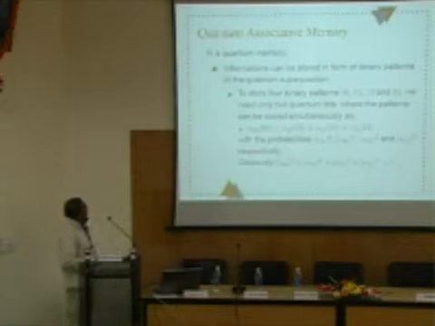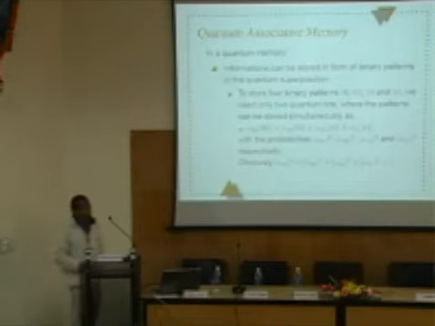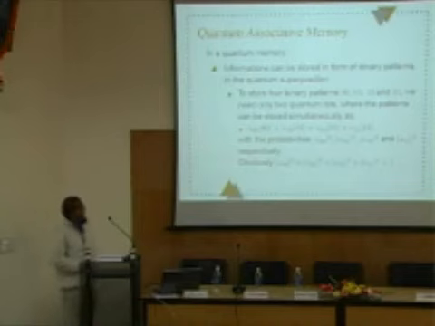So what is then the basic idea in quantum associative memory? Let us think about simply a 2-qubit register. Obviously, the maximum number of patterns we can store here is 4, whereas these coefficients, the sum of their squares, is equal to 1.